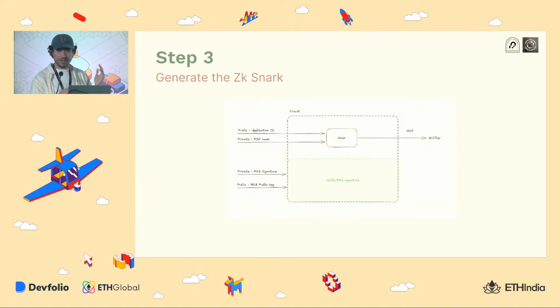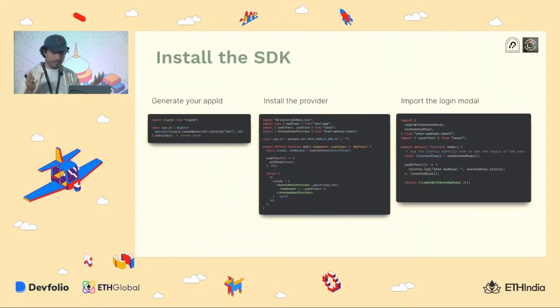So we did all the complicated part. Now let's abstract this complexity a bit, and let's onboard you on how you can use this primitive in your apps during this weekend. We built an SDK that lets you seamlessly import what we did. What you just have to do is generate an app ID.